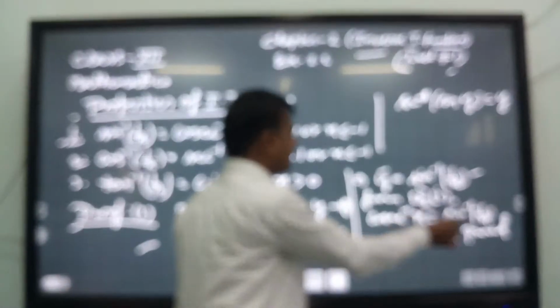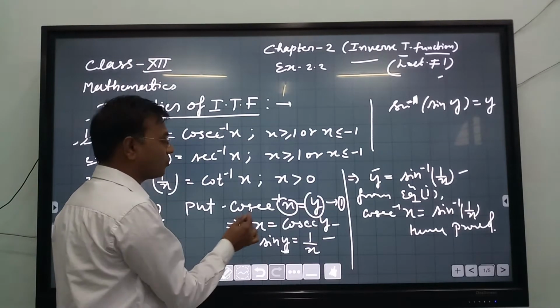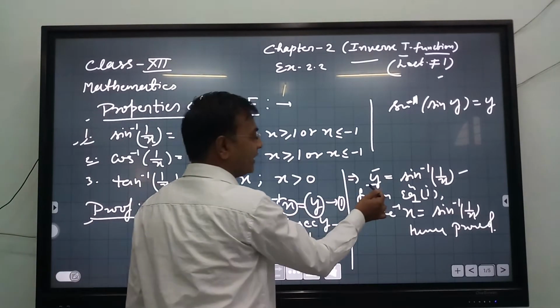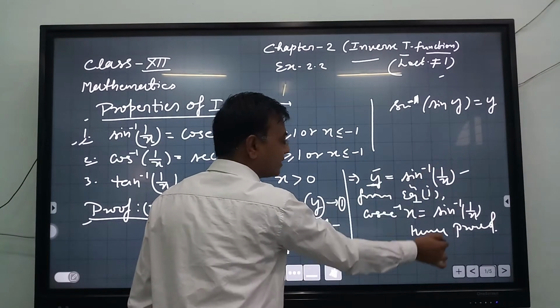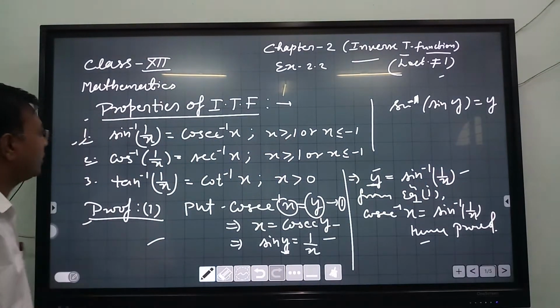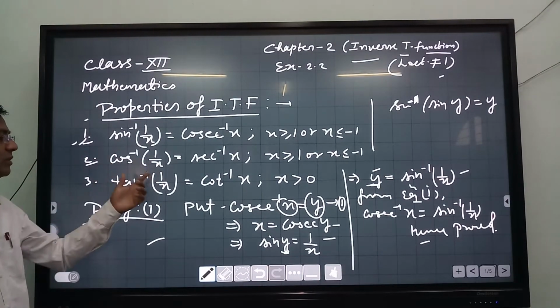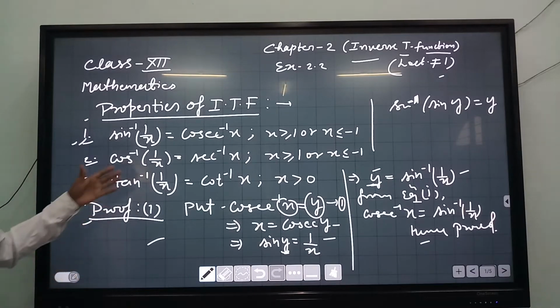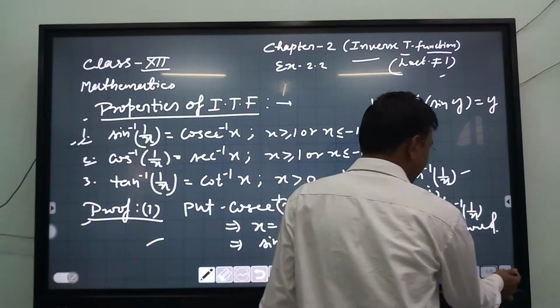Now look at the equation first: what we have assumed, y equals cosec inverse x. So y is replaced by cosec inverse x and sin inverse 1 by x, hence proved. Similarly you will try to prove the other identities, cos inverse 1 by x or tan inverse 1 by x, in a similar way. This one is the important property.